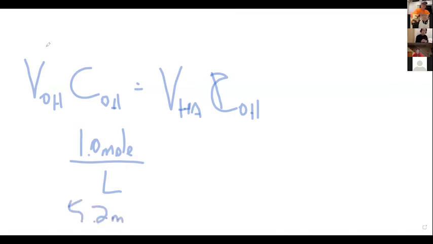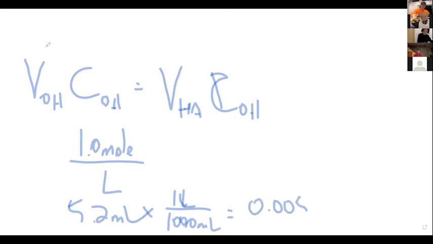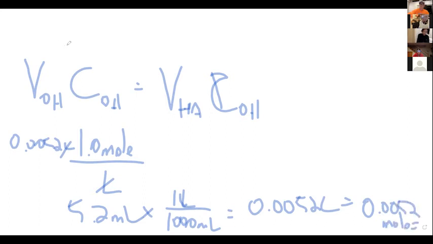So 5.2 mils times 1 liter over 1,000 mils equals 0.0052 liters. 0.0052 liters times 1 mole per liter equals 0.0052 moles of hydroxide. Well, that's also the number of moles of acetic acid you have.